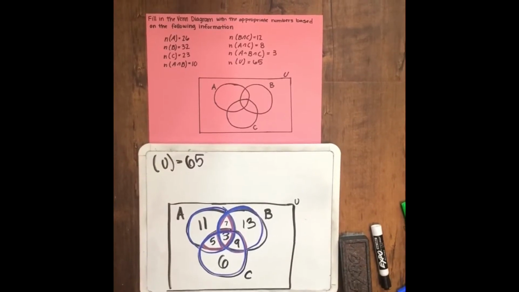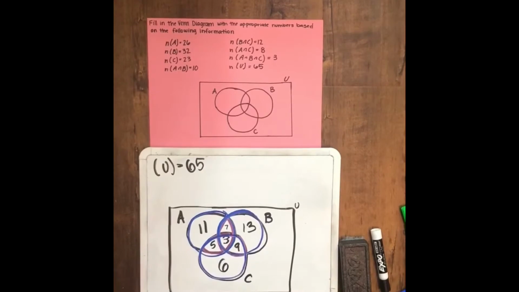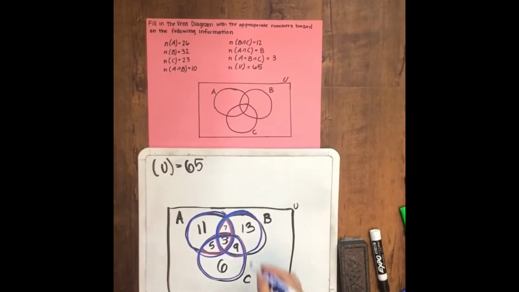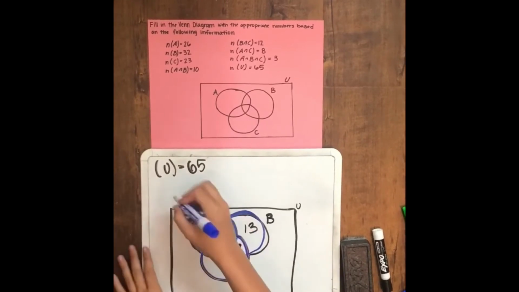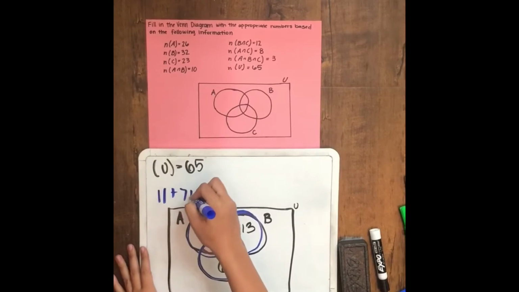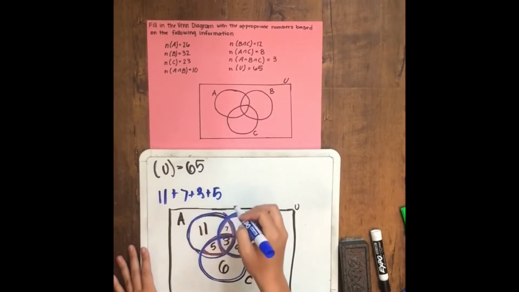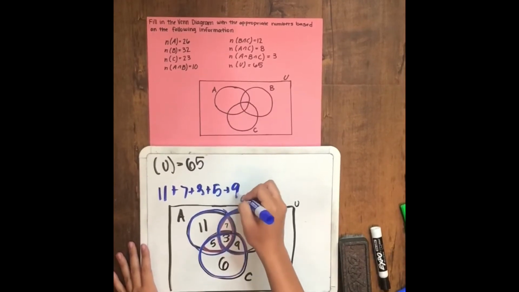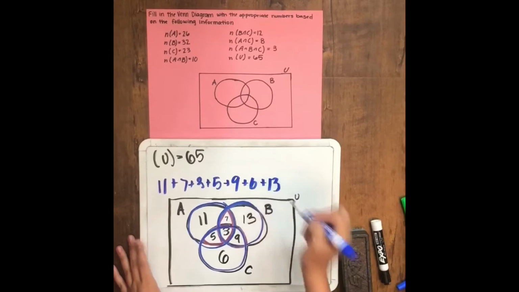Lastly, we're going to move on to check that our universal set contains 65 elements. So to do that, we would have to add up all these numbers and see what the outcome would be. So we would add 11 plus 7 plus 3 plus 5 plus 9 plus 6 and plus 13.